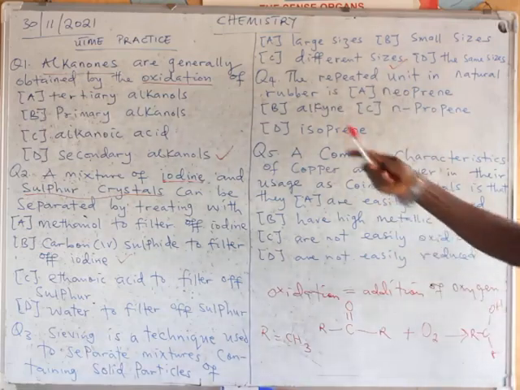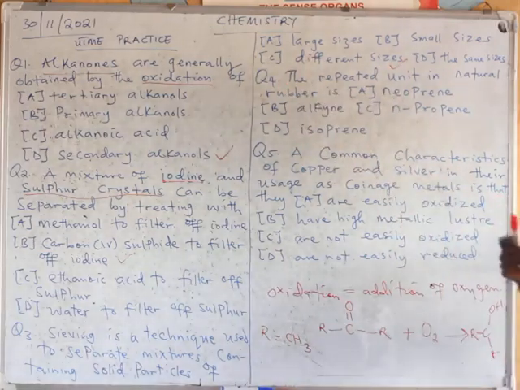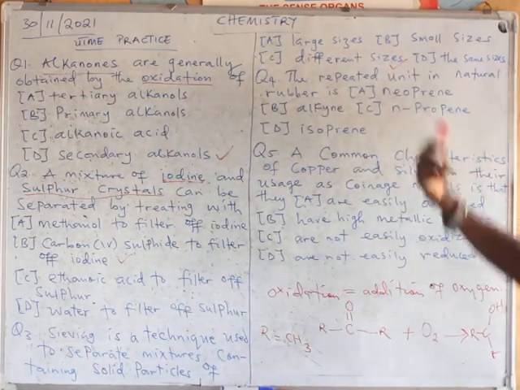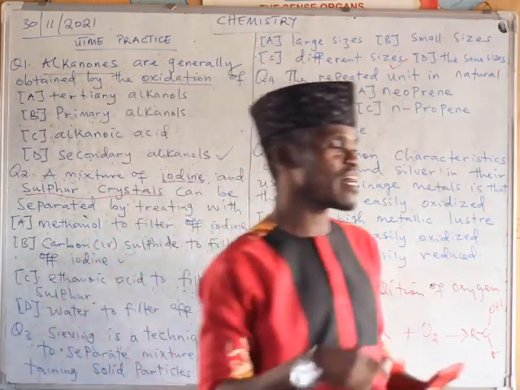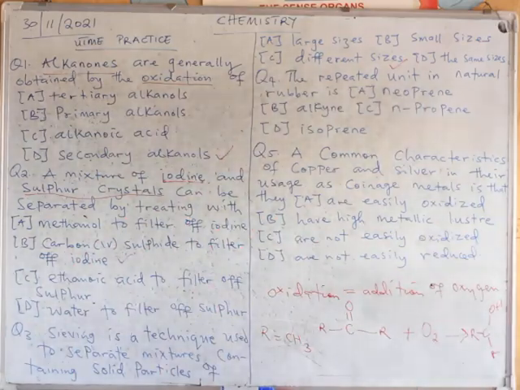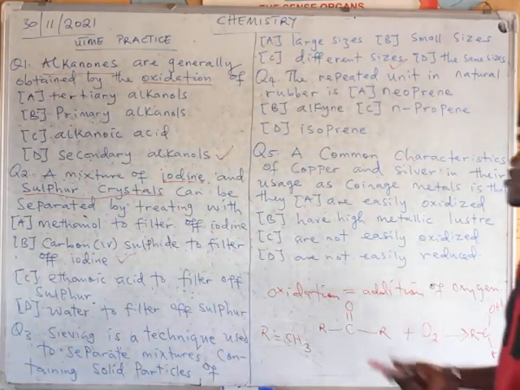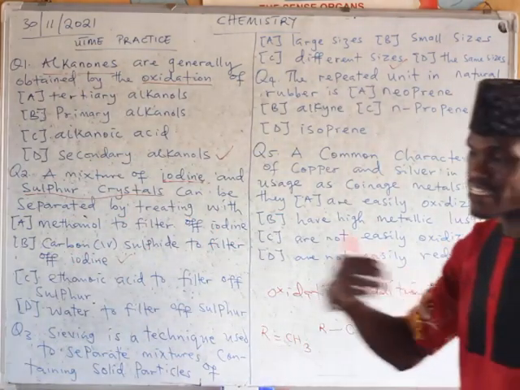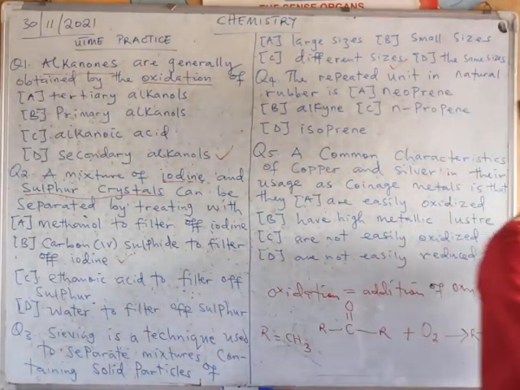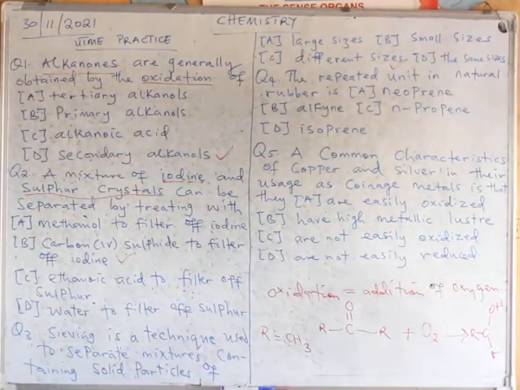Now, question 4. The repeated unit in natural rubber is, this one is under polymer chemistry. Is that okay? Now, you are expected to know some of the basics in polymer chemistry, which we are going to be explaining and expatiating more on. Is that okay?